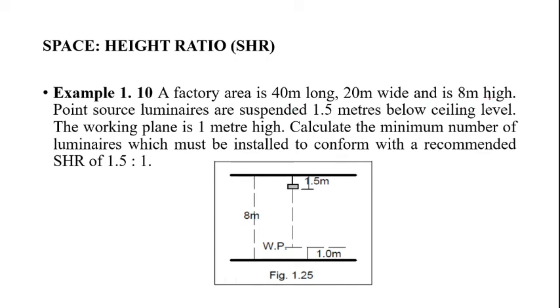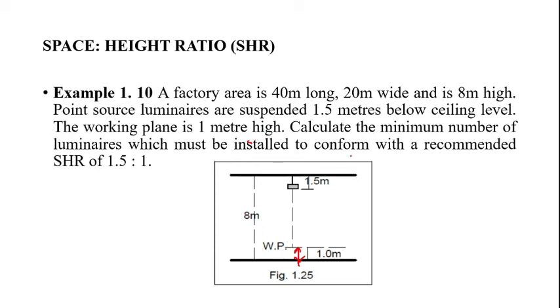Point source luminaires are suspended 1.5 meters below ceiling level, as shown in figure 125. The working plane is 1 meter high from the floor level, which is also shown in figure 125.